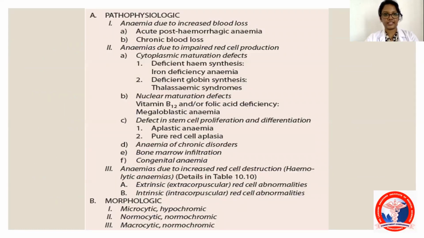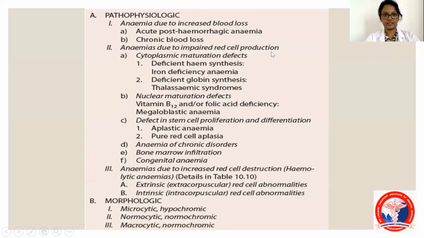Now, anemia can be classified based on the pathophysiologic mechanism and also based on their morphology. The morphological classification of anemia is the simplest way. Based on the morphology of the RBCs, which we see at the peripheral smear, it can be classified as microcytic, normocytic or macrocytic. Based on the pathophysiology, anemia can be due to increased blood loss, as in acute hemorrhage or chronic blood loss, or due to impaired red cell production.